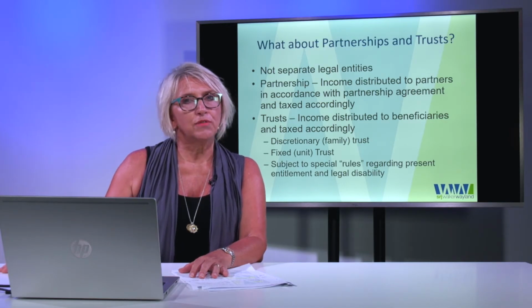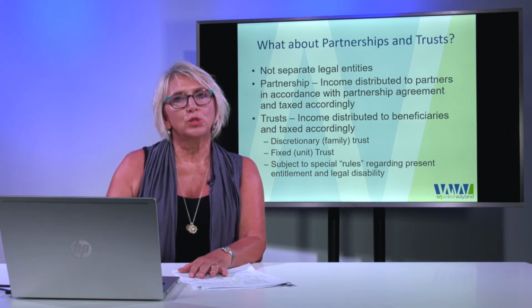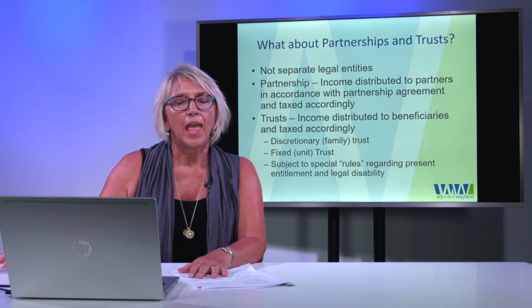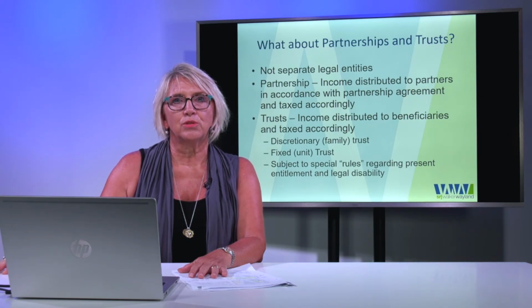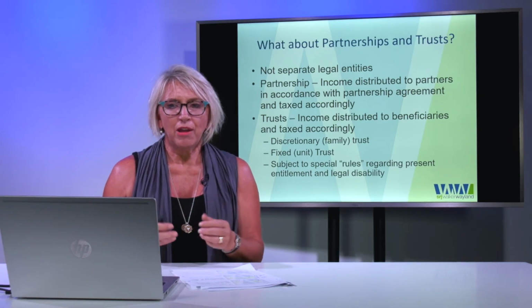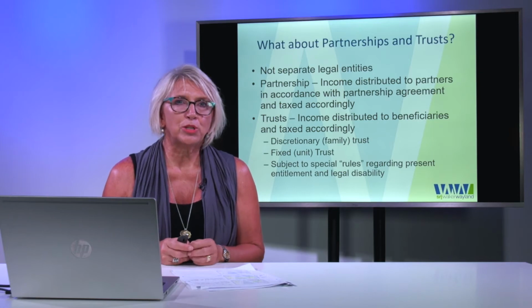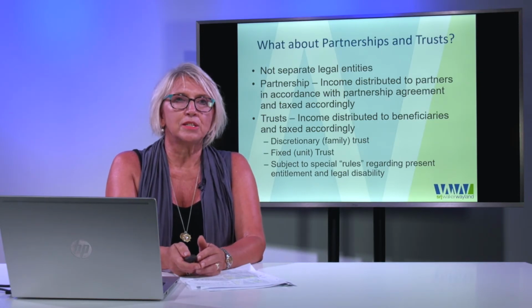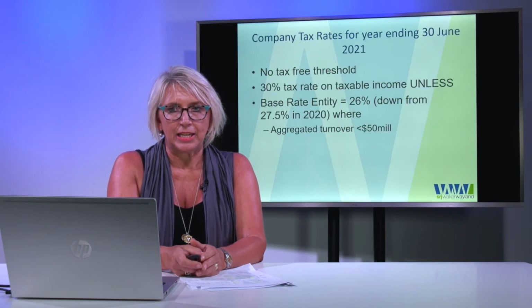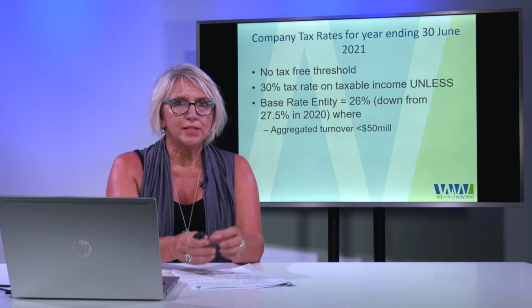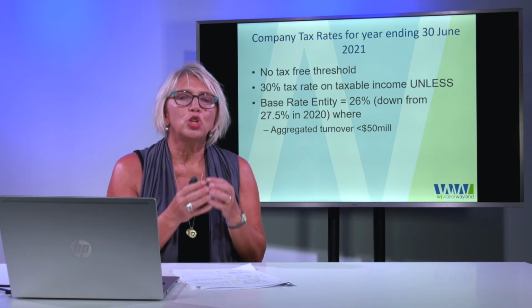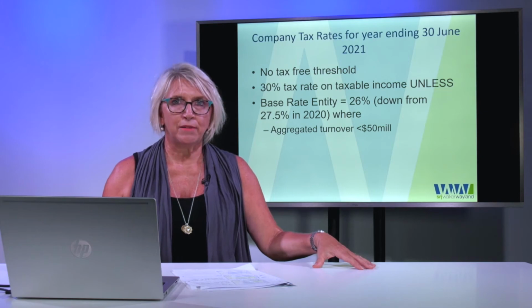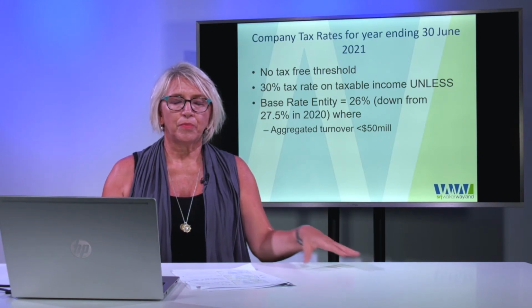So if you are an individual beneficiary of a trust, your trust distribution is included in your individual tax return and it is taxed at your marginal tax rate. Bear in mind with trusts that there are special rules relating to the distribution of income regarding present entitlement and legal disabilities. So trusts and partnerships themselves do not pay tax. Rather, the partners and the beneficiaries pay tax.